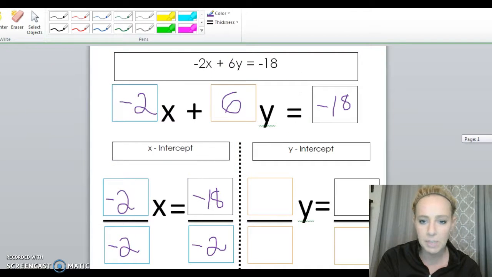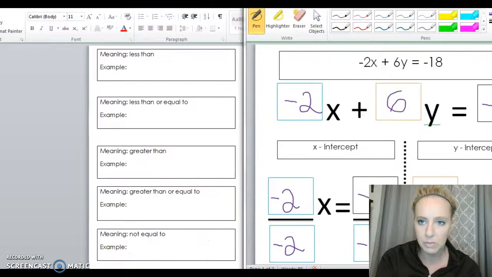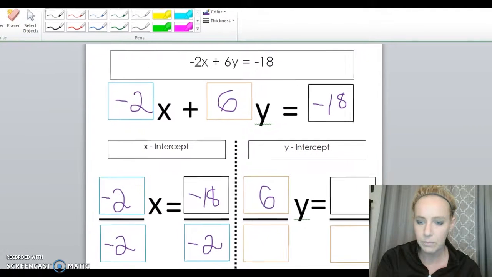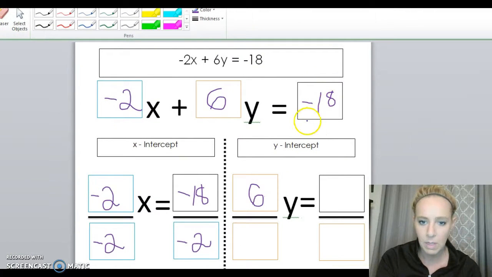Again, I'm going to do the same thing on the other side to solve for my y-intercept. By plugging in 0 for x, these will cancel out, so that I'm just left with 6y equals negative 18.